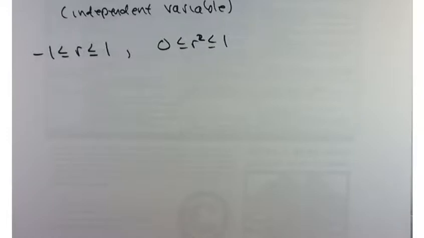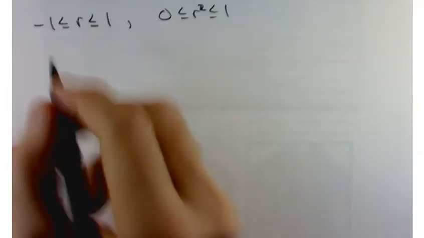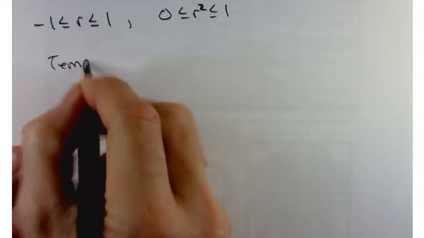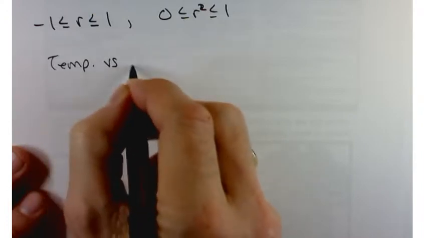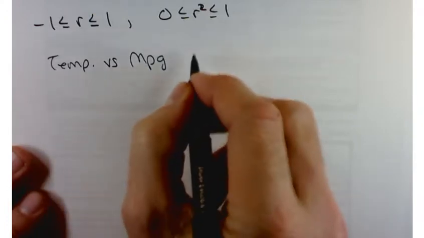When I ran a regression of temperature versus gas mileage, MPG, I got a value of R squared, and this is going off of memory, somewhere around 0.64 or 64%. Well, what's that telling you?